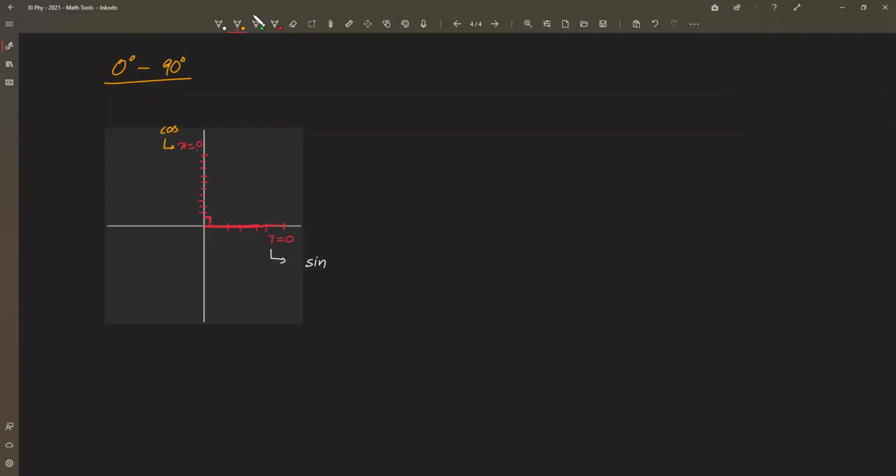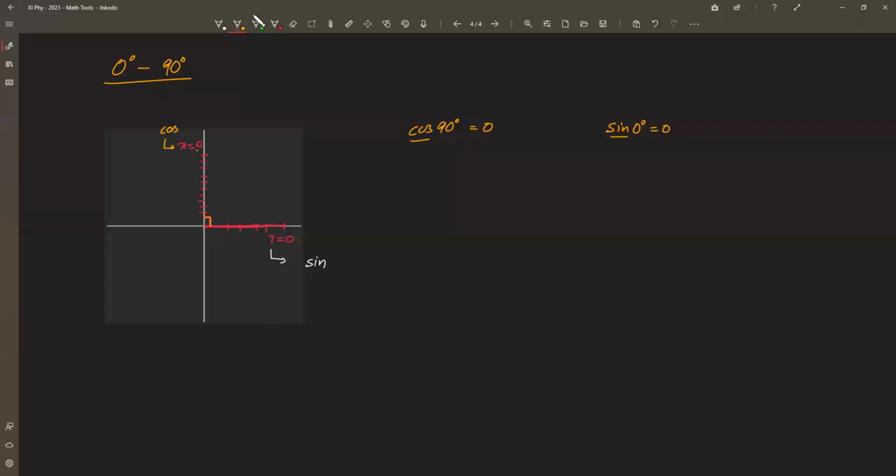So cos is 0 here, at 90 degree. So cos 90 degree is equal to 0, right? And sine 0 degree is equal to 0. So you got the cos 90, you got the sine 0.